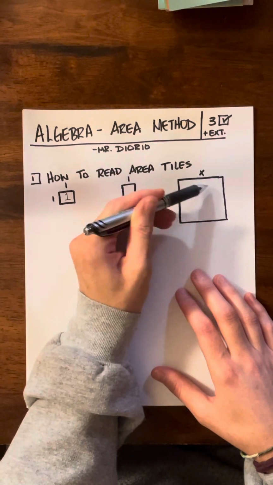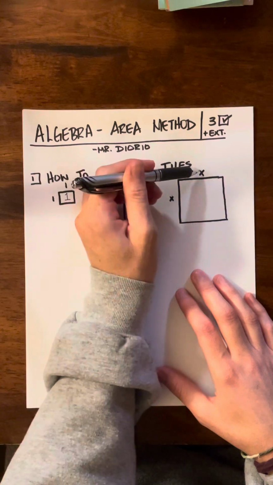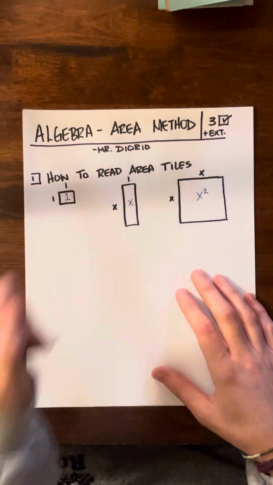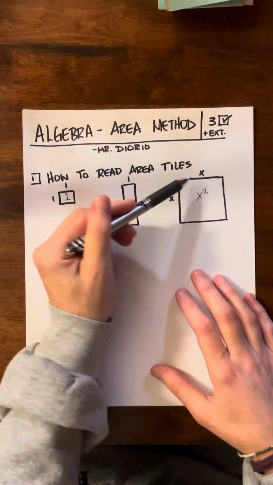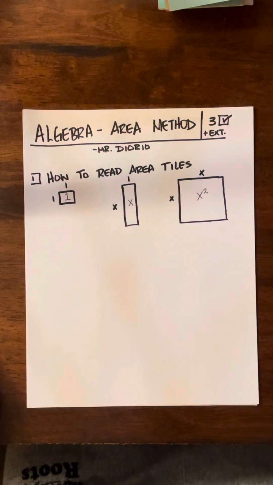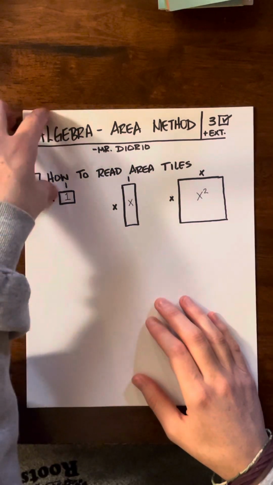To find the area of our shape, we multiply x times x, which makes x squared. So our large box is going to represent x squared. We're going to remember this because we are going to be using it throughout our lesson.